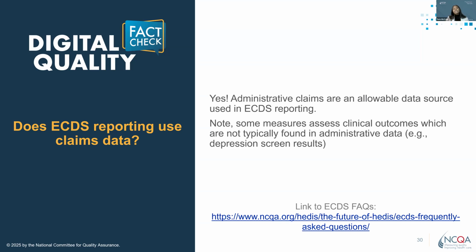We just want to note that some measures do include concepts that may not be typically found in administrative claims. And so that's where incorporating those other data sources becomes particularly valuable when it's just not represented in the administrative source.